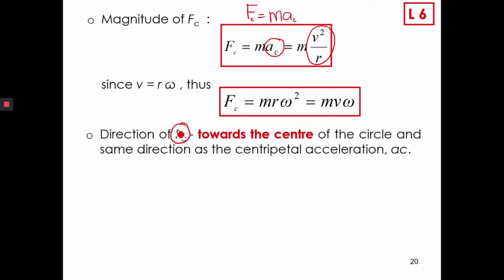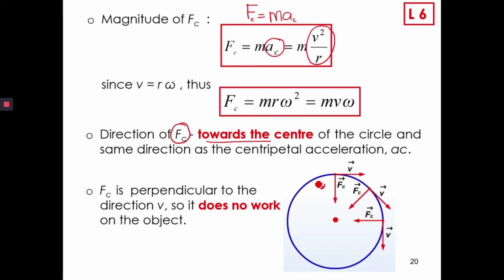Direction of centripetal force is always towards the center, because centripetal force is the force that makes the object move in a circle. So the centripetal force direction is always towards the center, doesn't matter where your object is.